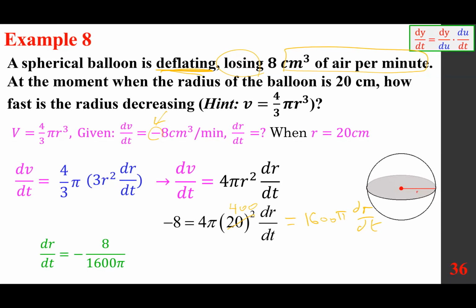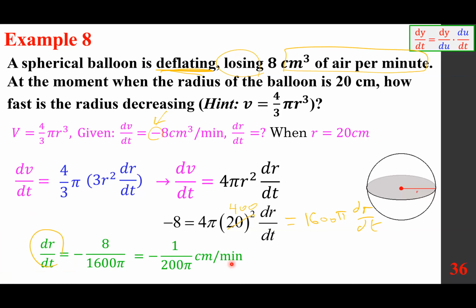Obviously, 8 cancels out the 1600, and we get -1/200 pi. The units are right from here, the units of the change in radius over change in time, so centimeters per minute. This is precise, and you put it into a calculator.